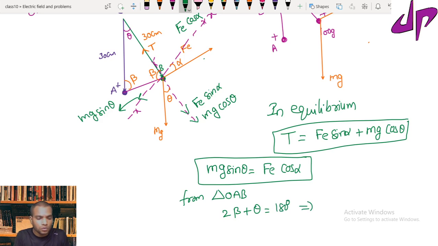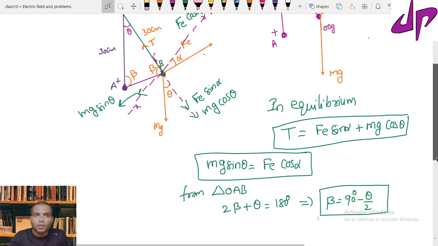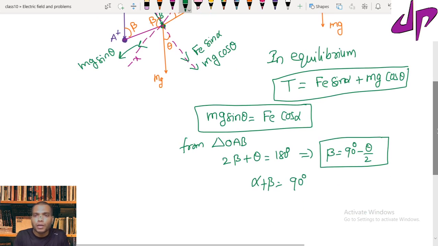So from this you can get the beta value, beta equals 90 degree minus theta by 2. So this is the angle you get from the isosceles triangle. Similarly, for the opposite angles, alpha plus beta equals 90 degree. So you can substitute the beta value here to figure it out.